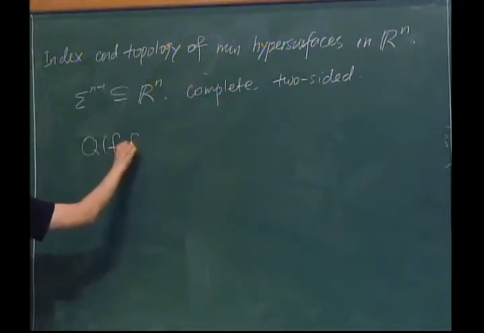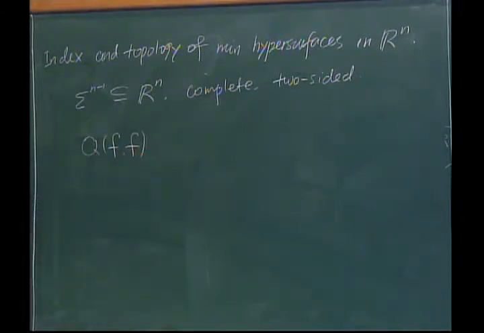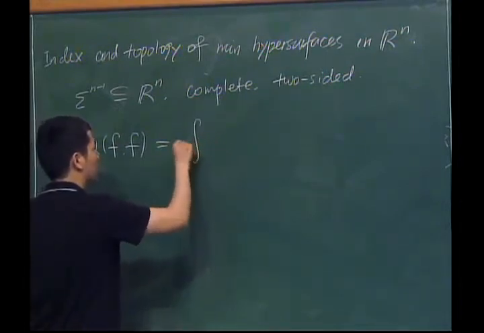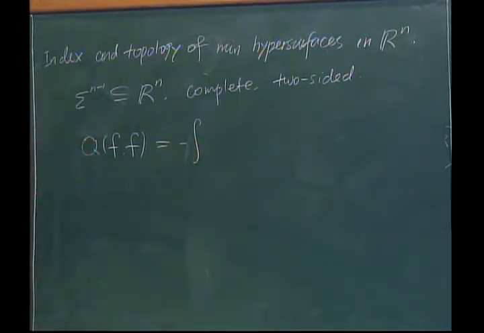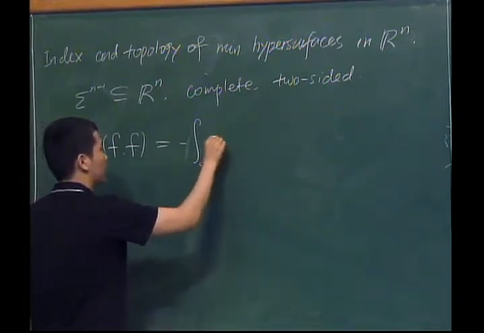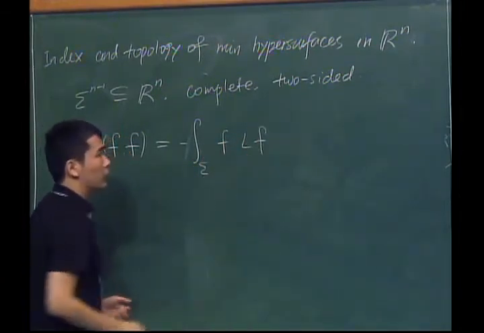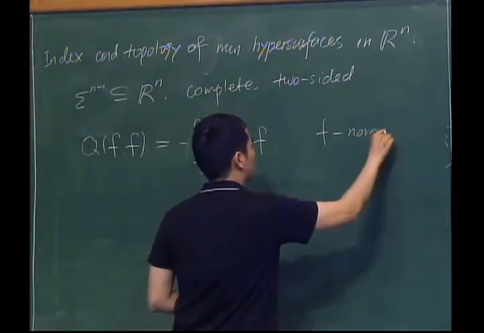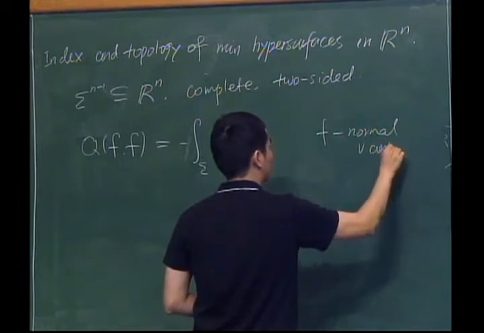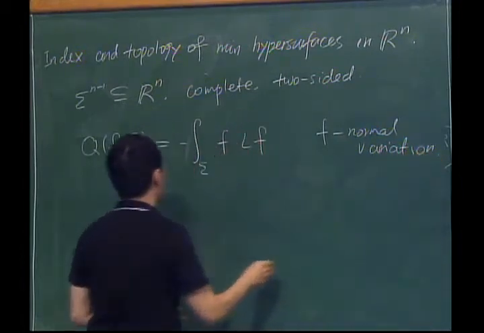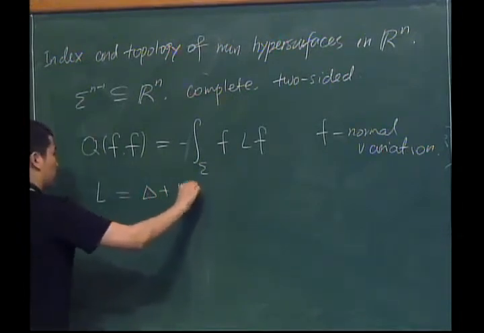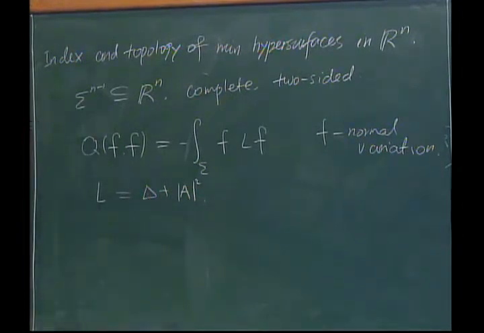For a two-sided complete surface, the second variation can be given by a quadratic form, denoted by Q(f,f) equals the negative of the integral of fLf, where f represents a normal variation, and L is the Jacobi operator defined by the Laplacian plus the square of the second fundamental form norm.